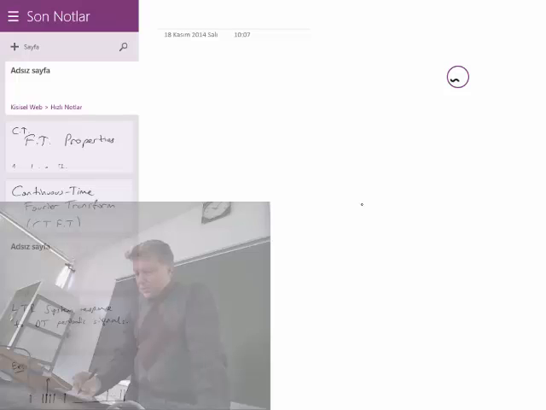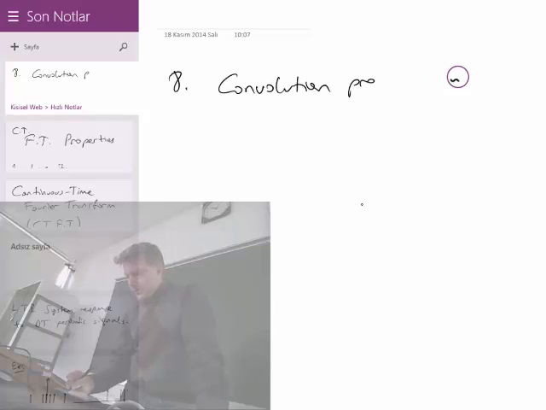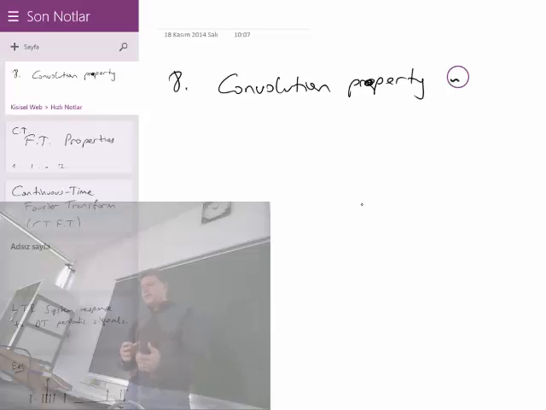The first property, let's say the 8th property, is the convolution property. We have been using it in Fourier series again, but in Fourier transform it's a more general way of putting things.